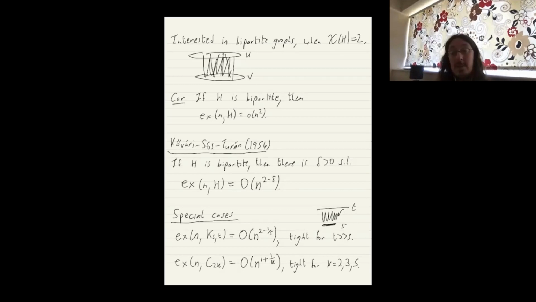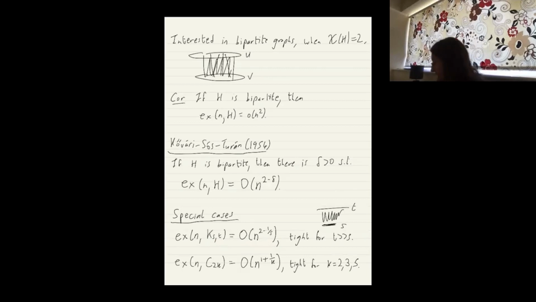Solving either of these questions would be a major breakthrough. Sorry, in the second case, it's obvious what the question is: can you extend this so that it works for all k? And the question here is, can you push this t down close to s? So in their original paper, Kővári, Sós, and Turán actually conjectured that when s is equal to t, you should still get a bound like this.